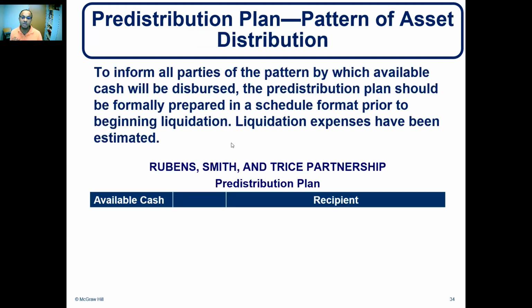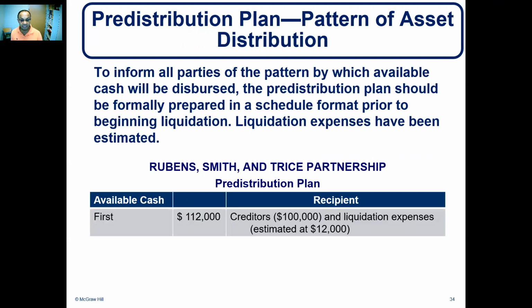And finally, we assume the company is going to generate cash from selling the non-cash assets. First of all, it will go to the liabilities and the liquidating expenses. If you remember, the liabilities were 100,000, the liquidating expenses 12.